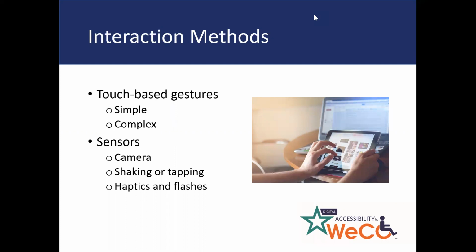And haptics and flashes can supplement audio feedback for deaf users. This slide shows a person browsing on a digital tablet with a laptop computer in the background. Next slide.